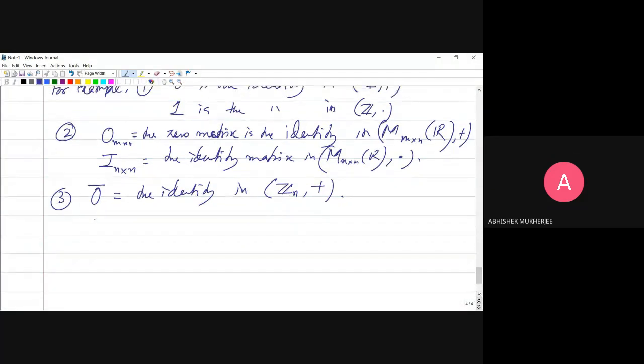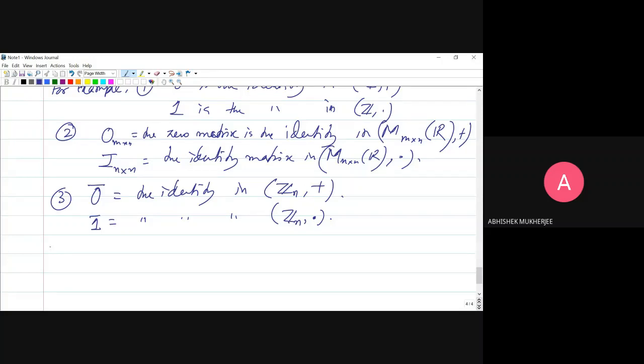And also the 1 class is the identity in (Zn, dot). Okay. So, I think I should stop here today, by just introducing the definition of monoid.